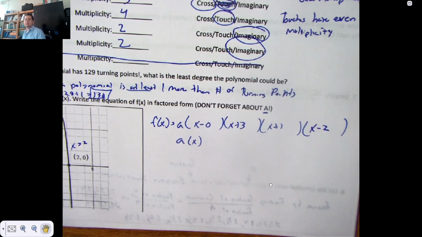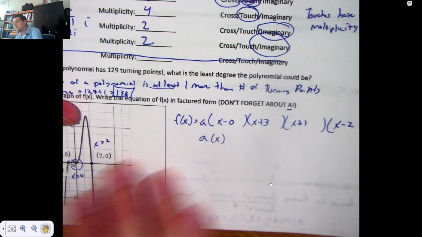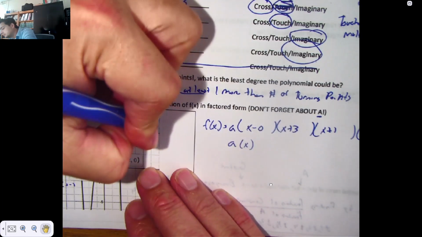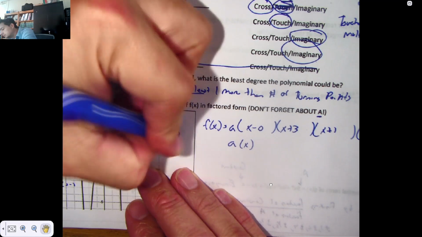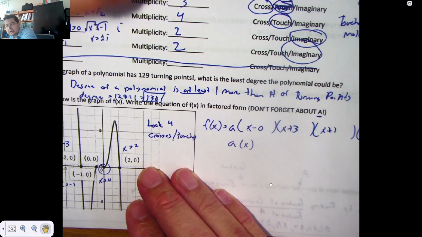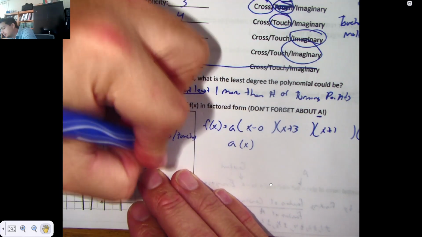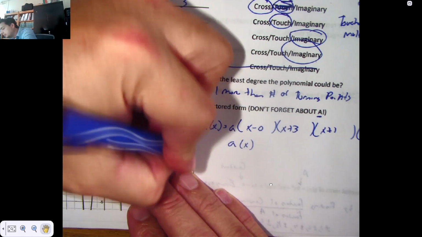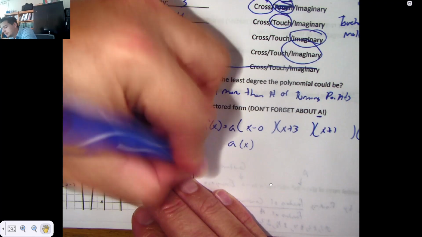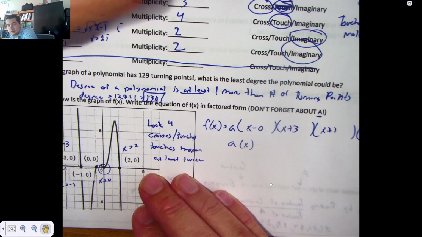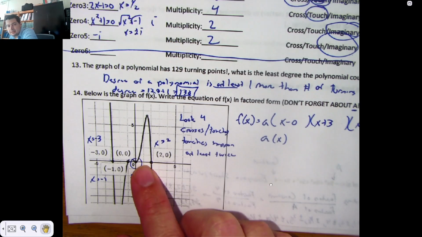Now, I have to go through and I have to look for crosses and touches. Okay? Touches happen at least twice. The only touch that I see is right here.